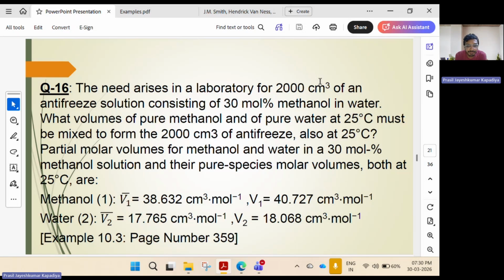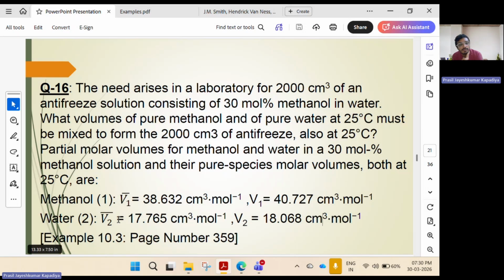For that we are given some data: partial molar volumes for methanol and water in 30 mole percent methanol solution, and their pure species molar volumes, both at 25 degrees Celsius. The partial molar volume of methanol is 38.632 centimeter cube per mole, and the pure volume at 25 degrees Celsius is 40.727.